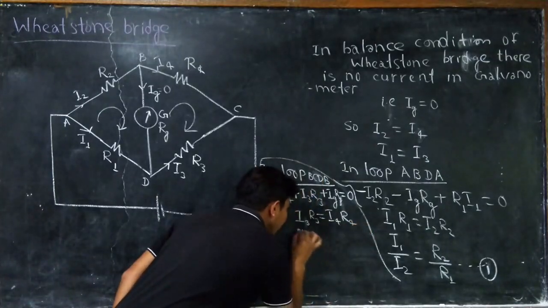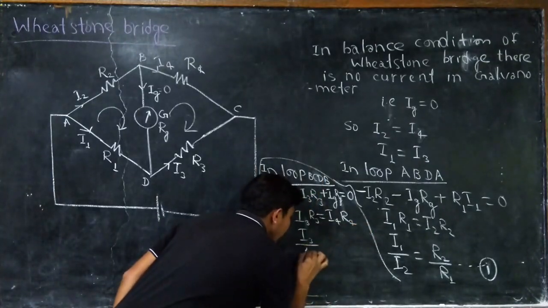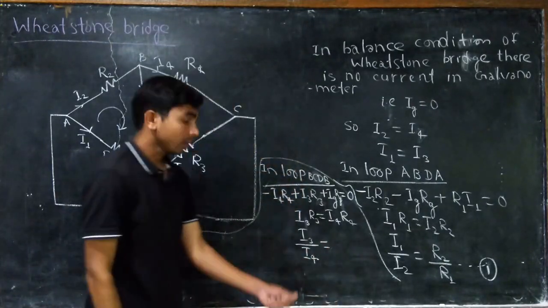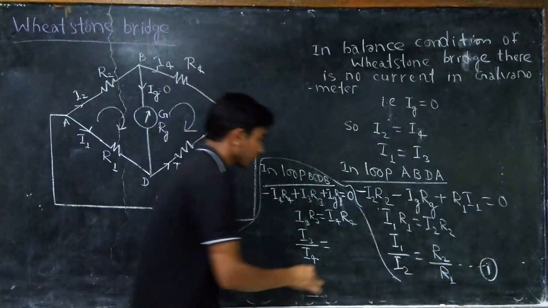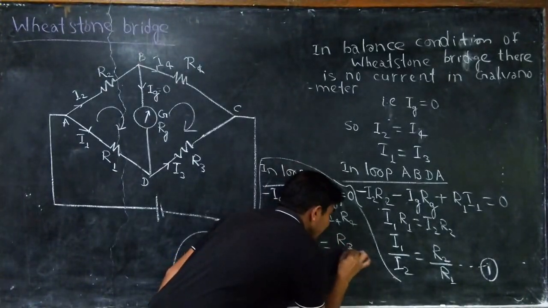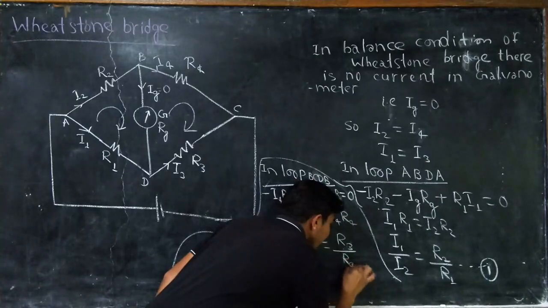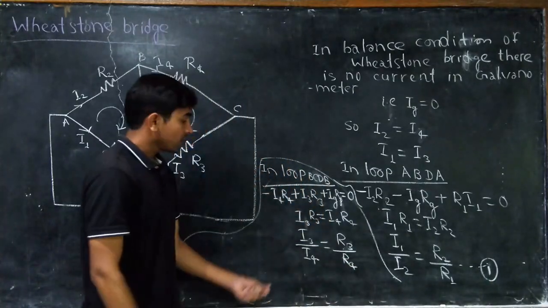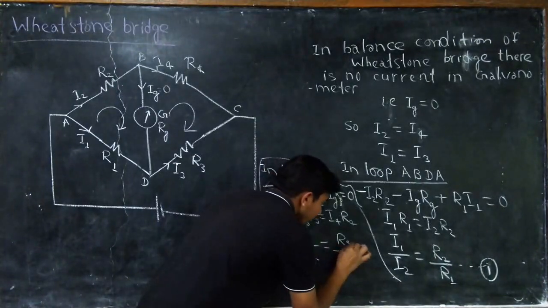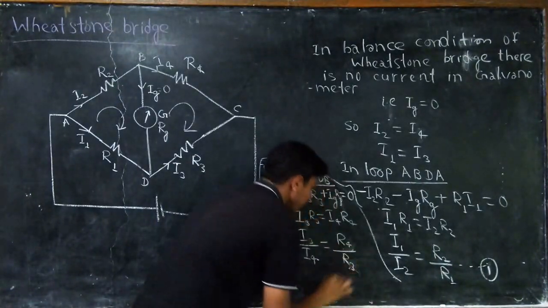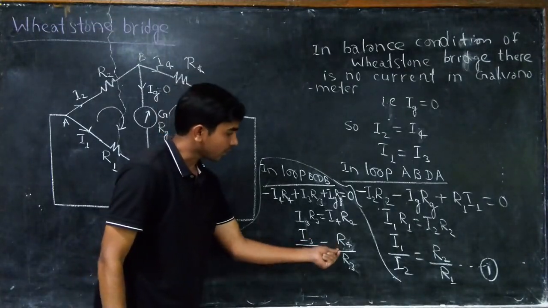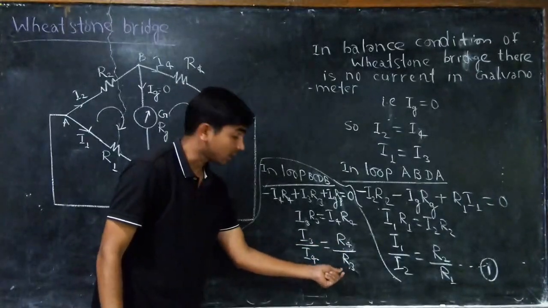So you will get I3 by I4 is equal to R4 by R3, okay?